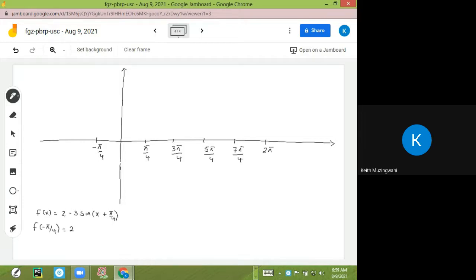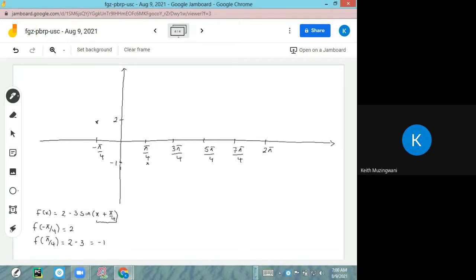We'll get 2. So we'll have 2 here. The next thing is when x is pi/4, we'll have pi/2 inside here, which is 90. And sine of that is just 1. So we get -1.